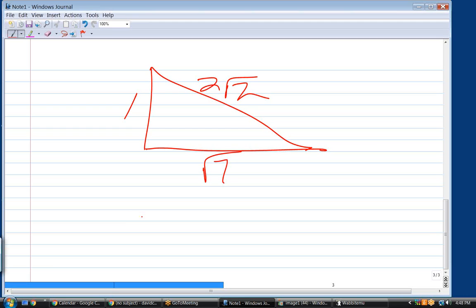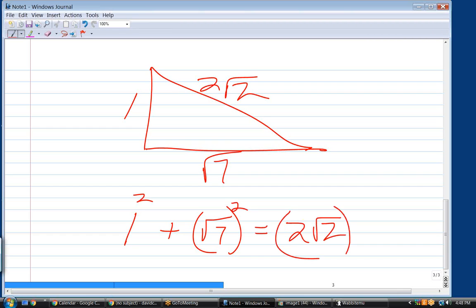It has to have a 90-degree angle. Well, more importantly than that, it has to fit the Pythagorean Theorem. In other words, 1 squared plus square root of 7 squared has to equal 2 root 2 squared.